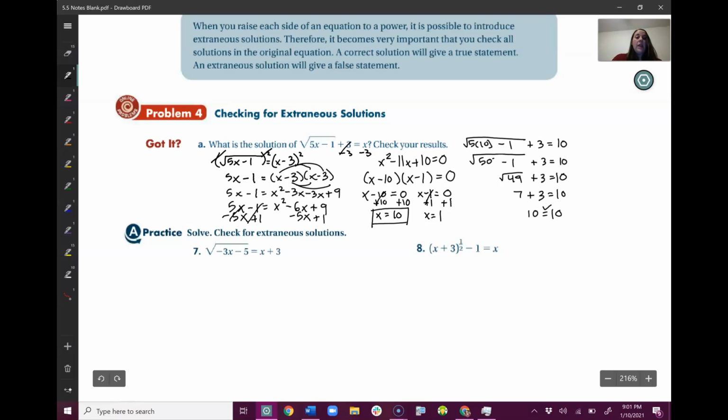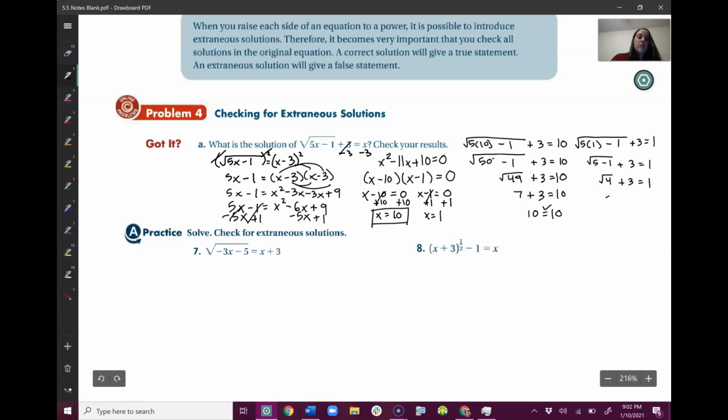Sweet. Now let's try the 1. So 5 times 1 minus 1 plus 3 should equal x. And in this case, x is 1. So 5 times 1 is 5. 5 minus 1 is 4.